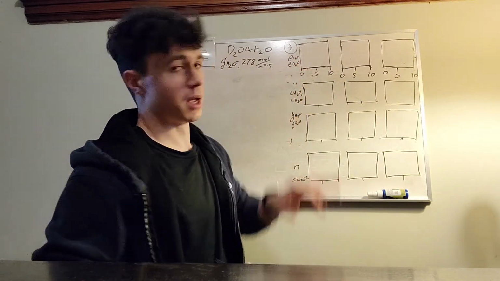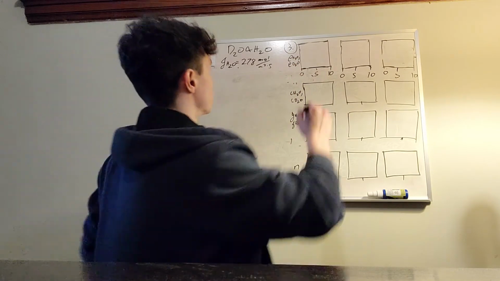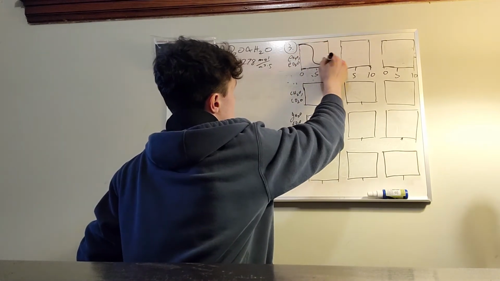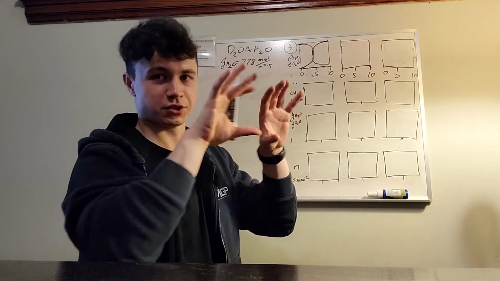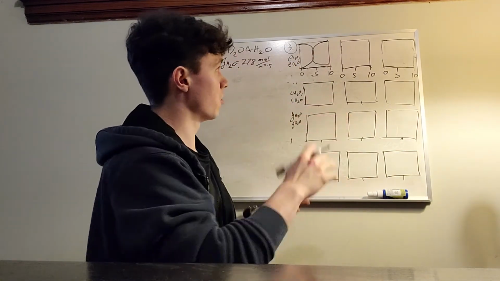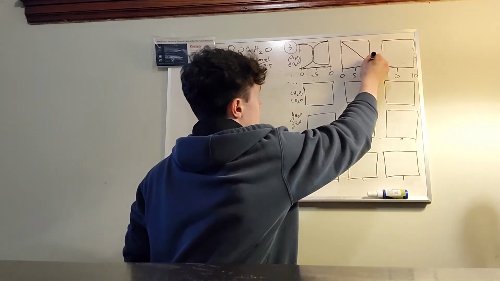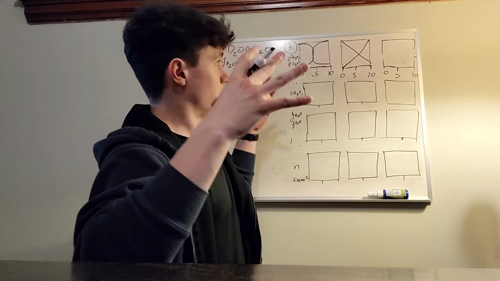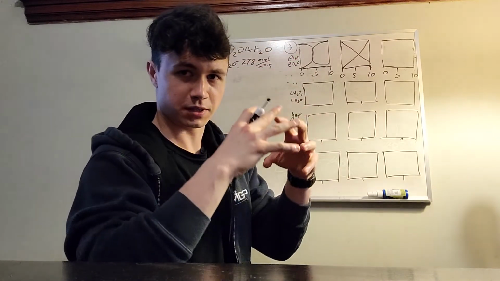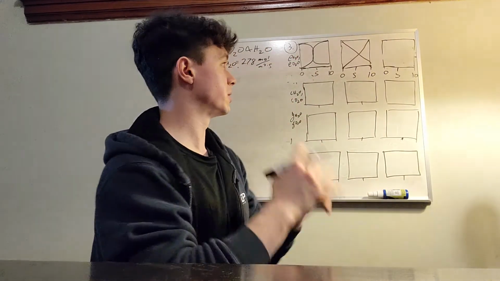Starting with the mass concentrations for both the liquids, initially they both start very concentrated on both sides of the container, but over time a gradient will form where they're still fluxing into each other, still diffusing into each other.